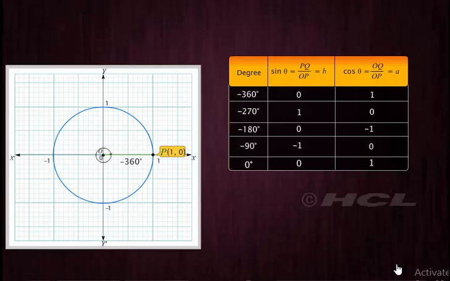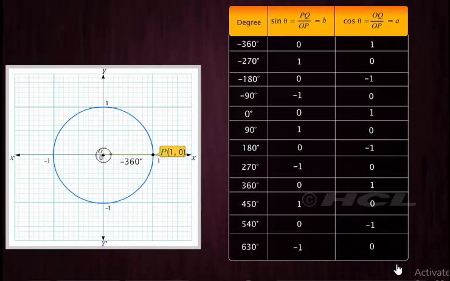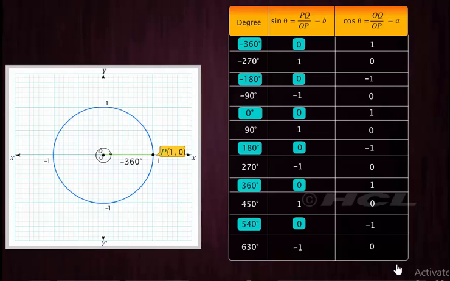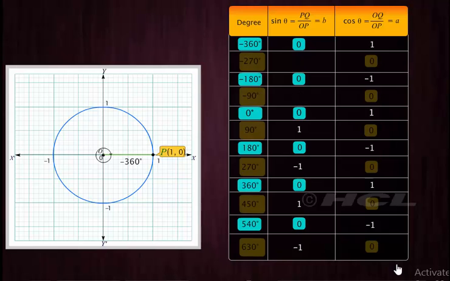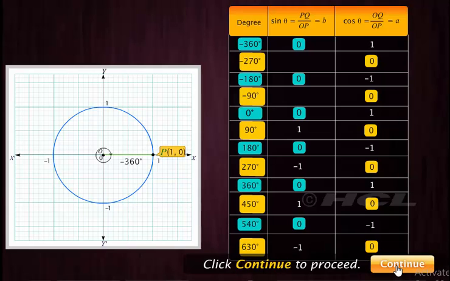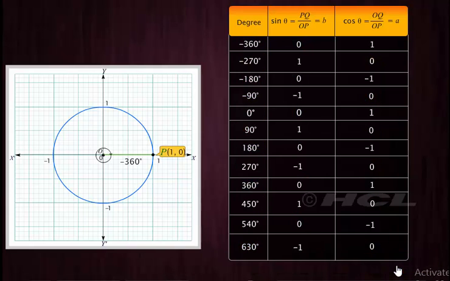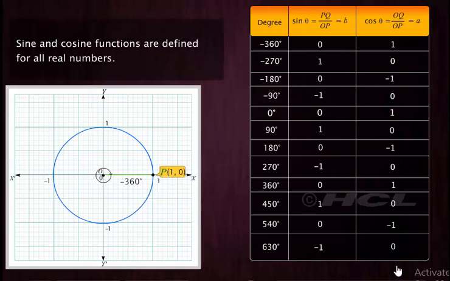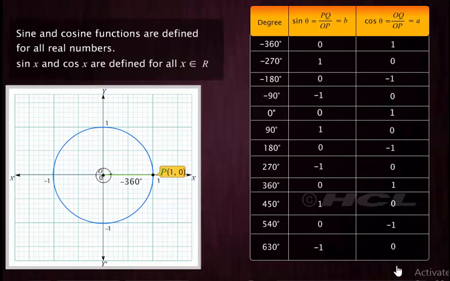Notice that the value of the sine becomes 0 at the integral multiples of 180 degrees, while the value of the cosine becomes 0 for all the odd multiples of 90 degrees, that is, for the angles of the form 2n plus 1 times 90 degrees, where n is an integer. So we can conclude that the trigonometric functions sine and cosine are defined for all real numbers.